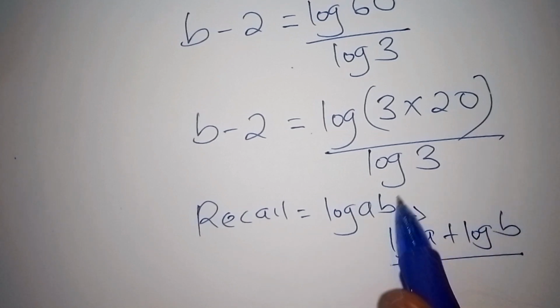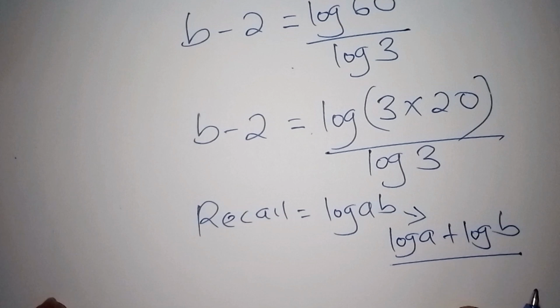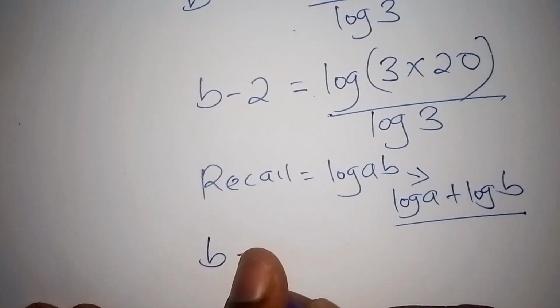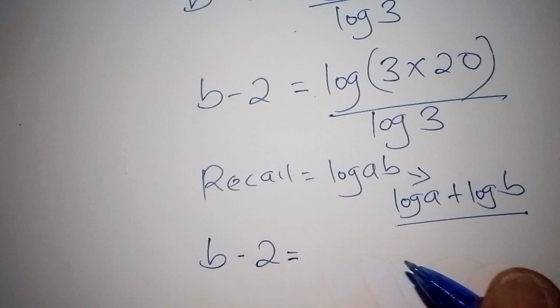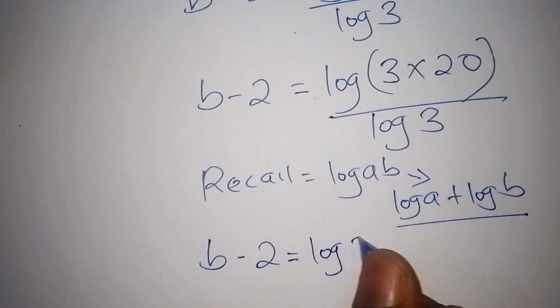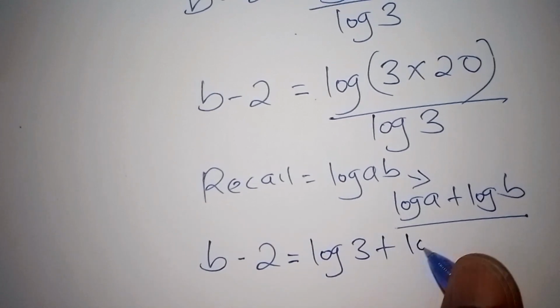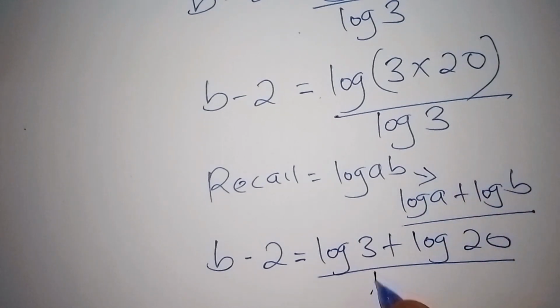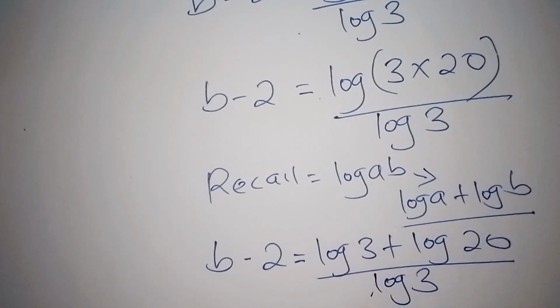So the log of 3 multiplied by 20 can be written as the log of 3 plus the log of 20, all over the log of 3.